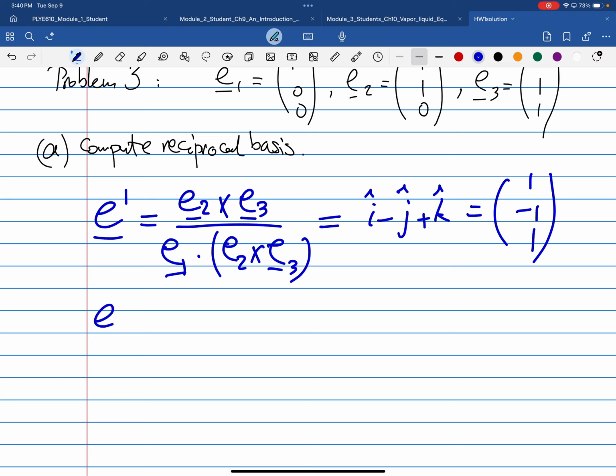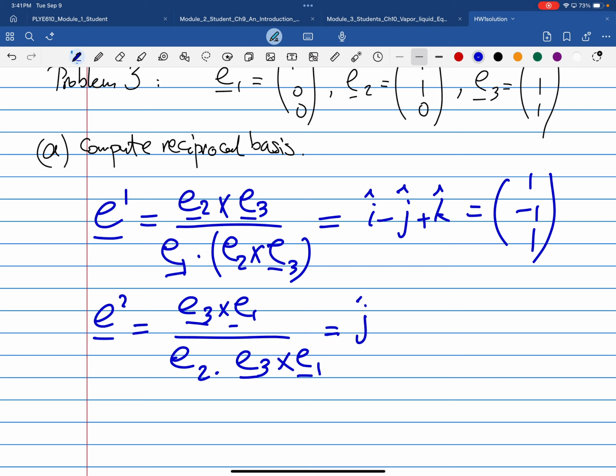Then you have E2. E2 is going to be E3 times E1, E2 dotted by E3 cross E1, right? So if you do this, this is going to be J minus K, 0, 1, minus 1.